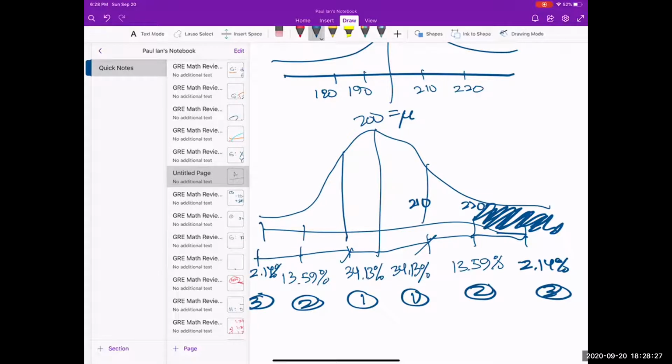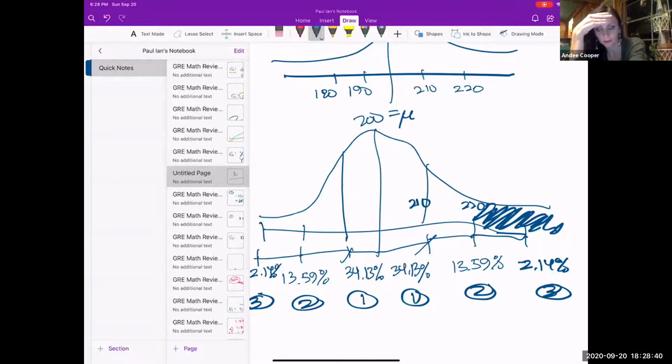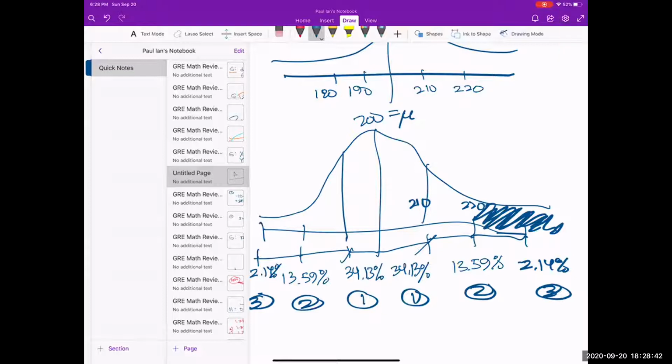I'm thinking, is it 13? So that's 210, 220. Okay, not 13 here.